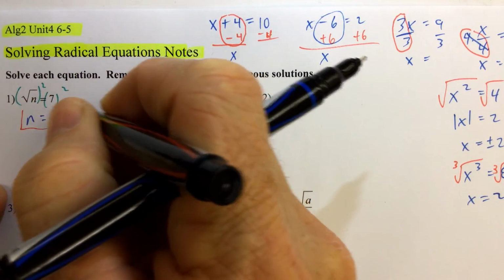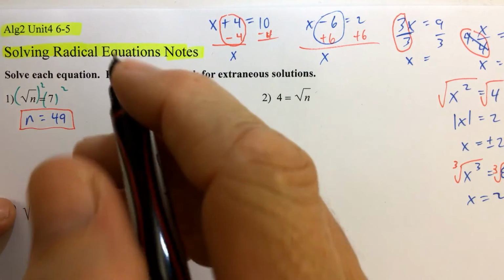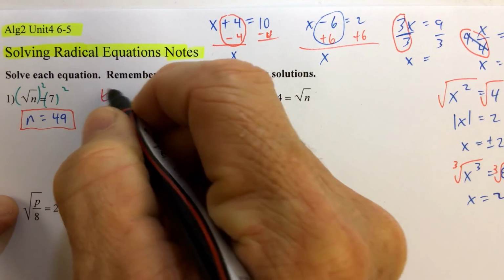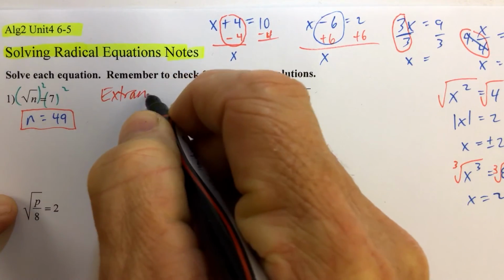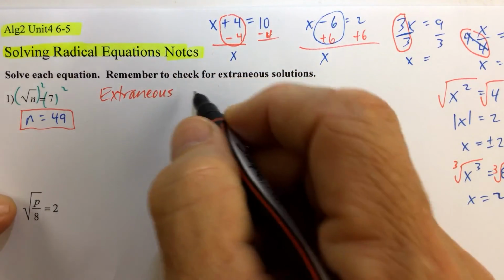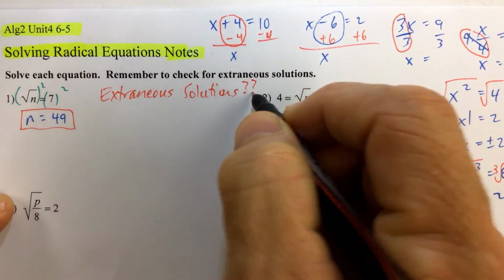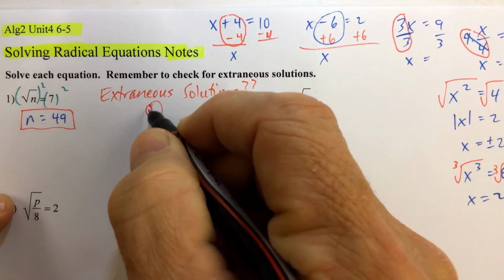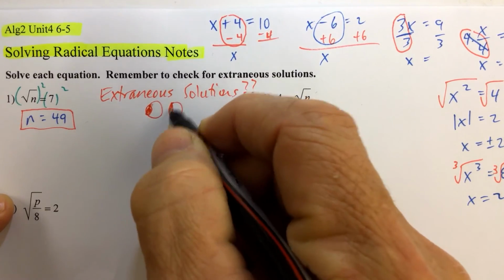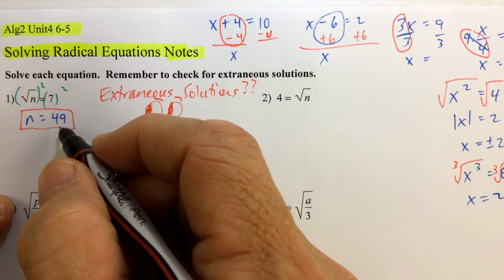With these kinds of problems, the main thing is when you square both sides of an equation, that always opens up the door for what we know to be extraneous solutions. So you always want to be checking. You always want to be looking at your solution and wondering, did I get an extraneous solution?